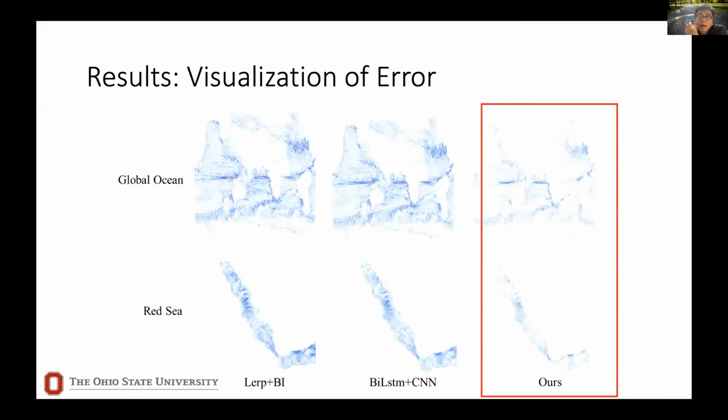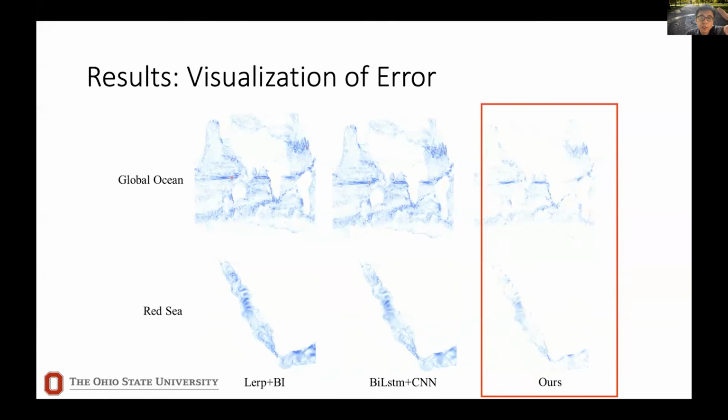Right now, however, I'm trying to compare using 2 data sets. We are comparing our method, which is the rightmost column, with bilinear interpolation, which is the leftmost column, and also a related work that uses LSTM plus CNN to perform super resolution. Here we randomly render every point.